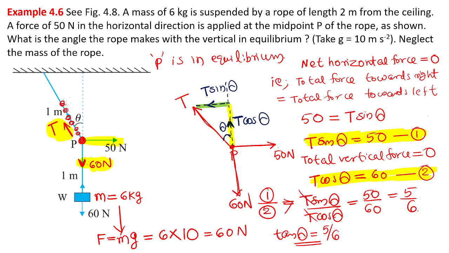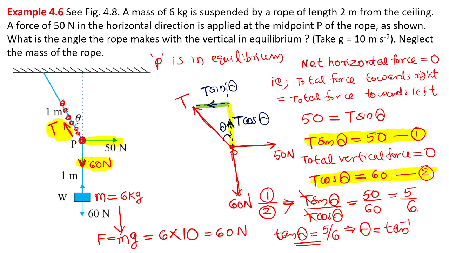To find the value of theta, you must have a scientific calculator, but for CBSE a calculator cannot be used. Tan theta equal to 5 by 6, you can find the exact value of theta. There is a tan inverse button in the calculator.